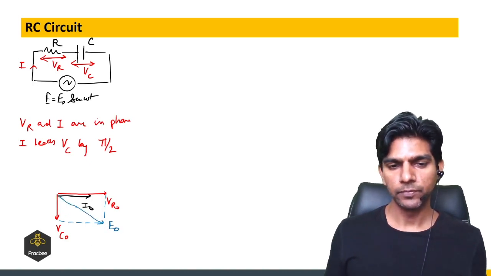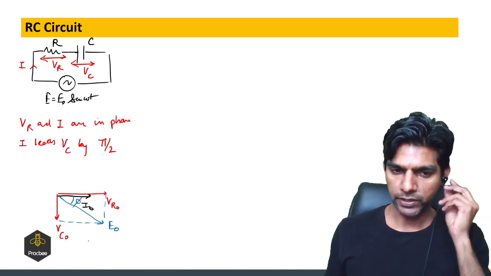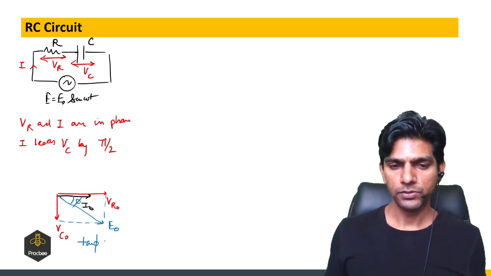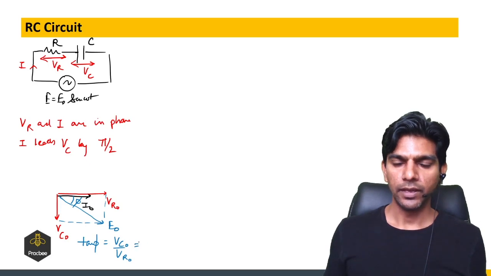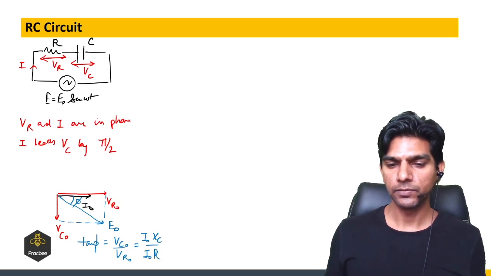This is E naught. Now, what is the angle between E naught and I naught? It will be phi. So from here we can find tan phi, which will be VC naught upon VR naught. And VC naught is I naught times the capacitive reactance and VR naught is I naught times the resistance. So that will be XC by R.